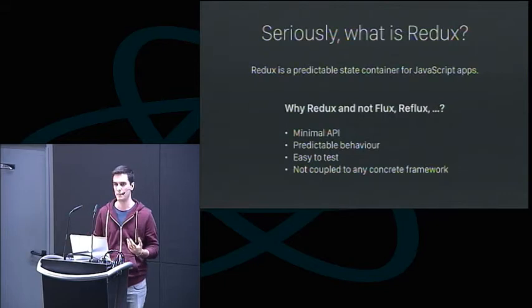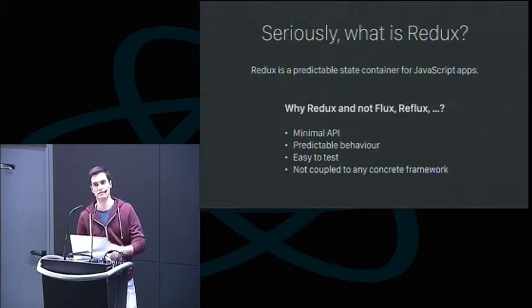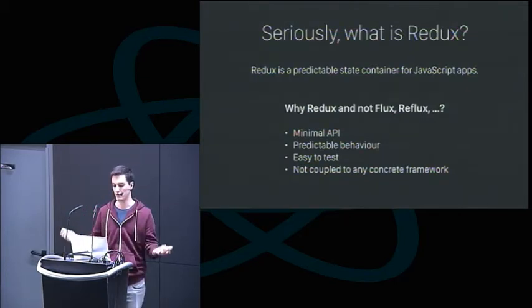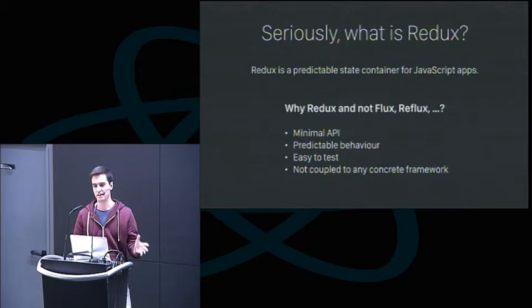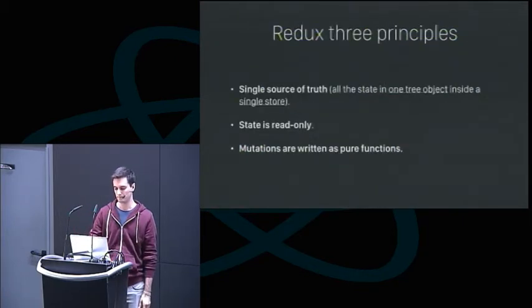If you don't want to test with Redux, it's because you're making an excuse, because it's really, really easy. And the last good point it has is it's not coupled to any framework. So you can use it with React, but you could also use it with Angular or Backbone or whatever you want. It's just a set of functions, and you can integrate it how you want.